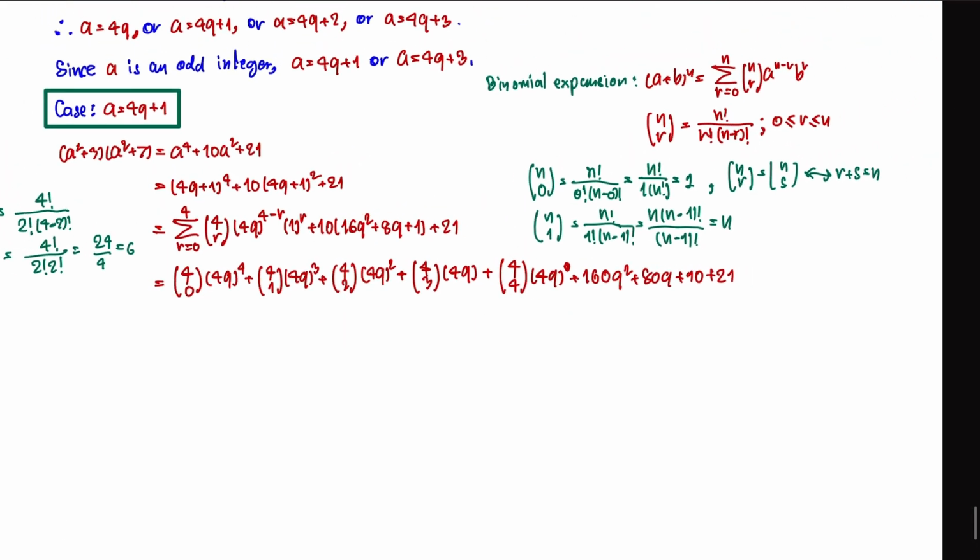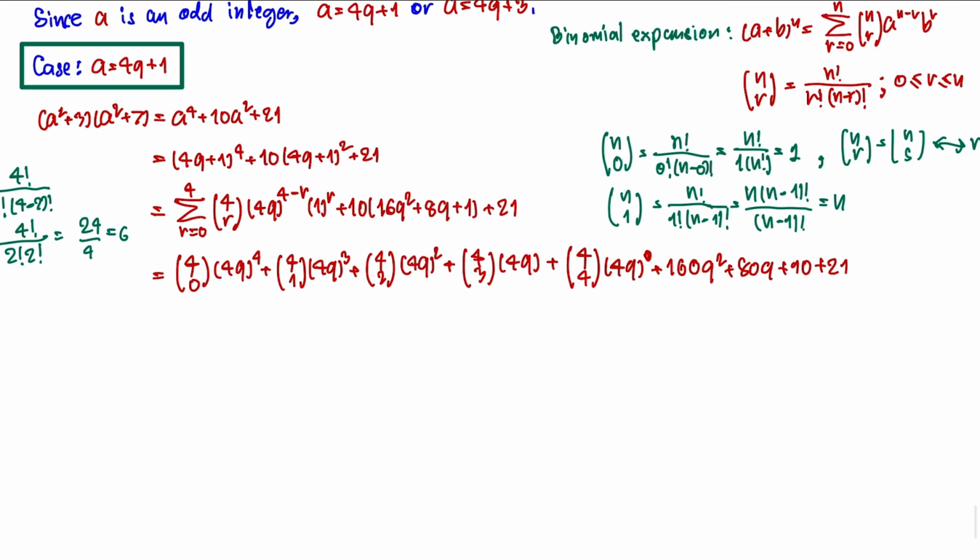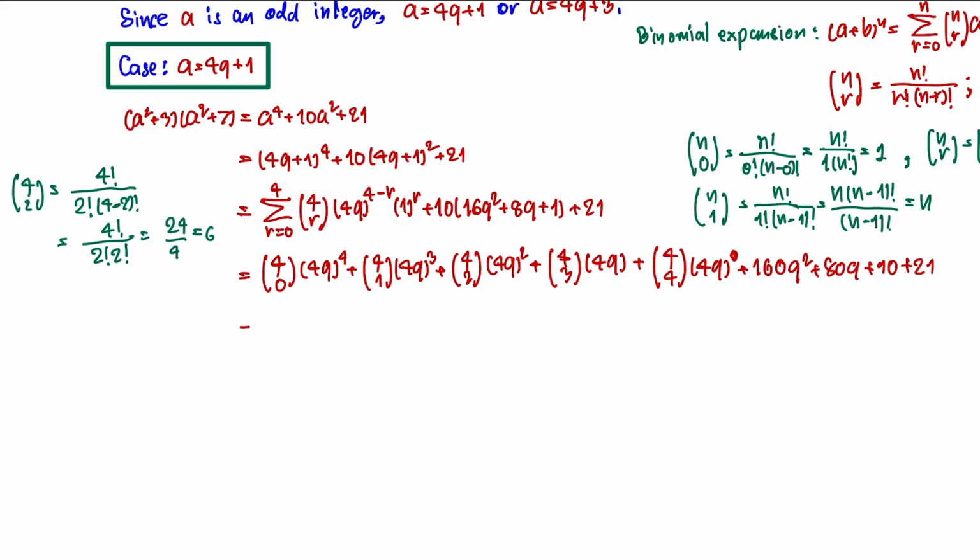Alright, that means that you've got this. After we calculate the combination terms, this term is now 1.